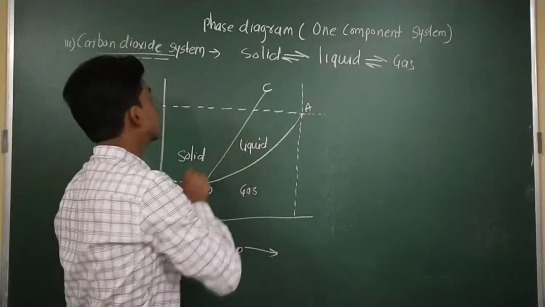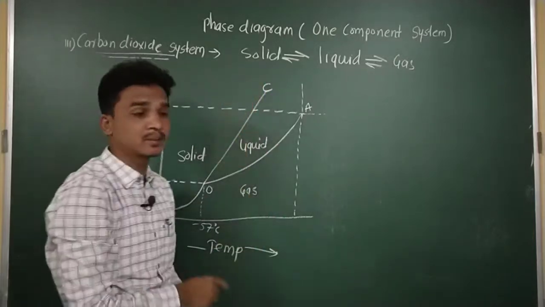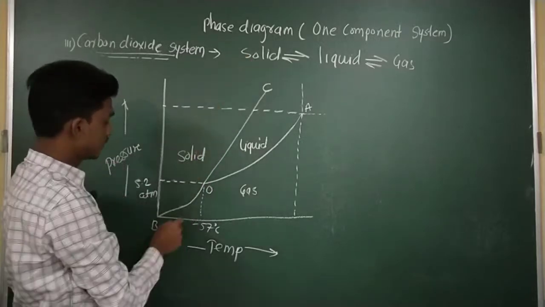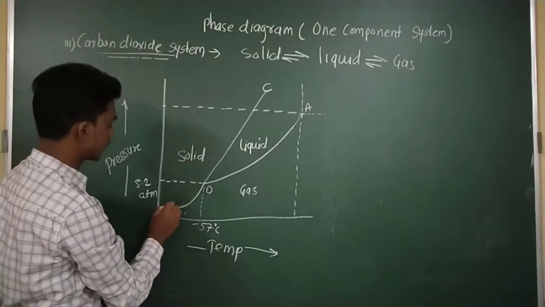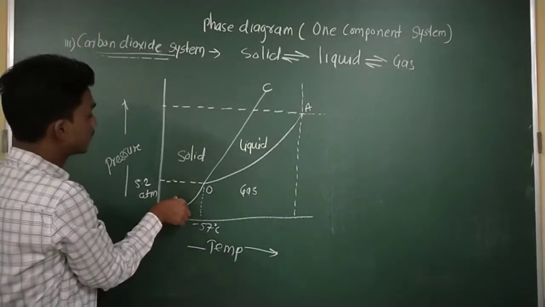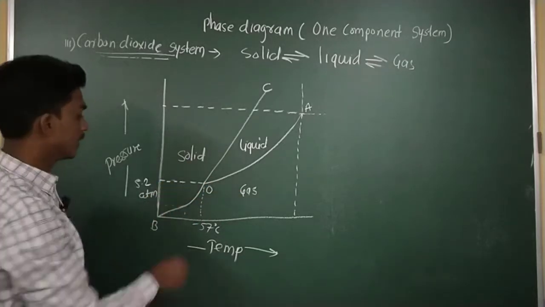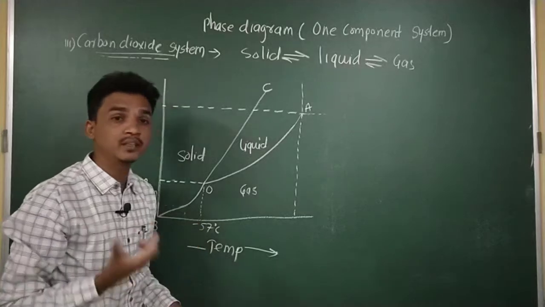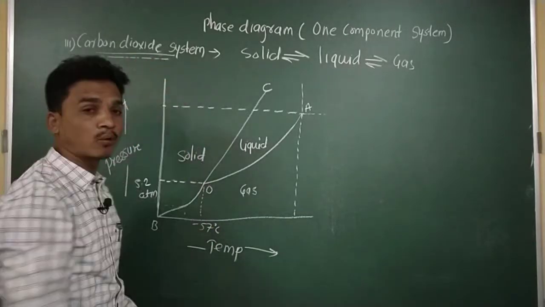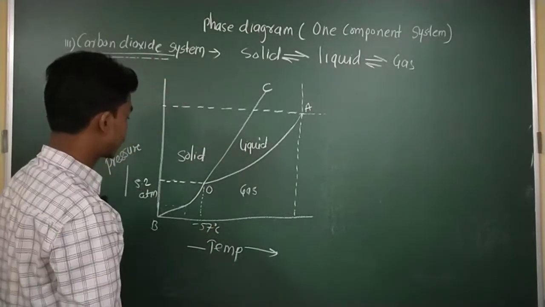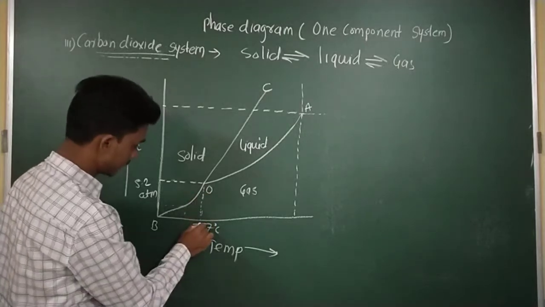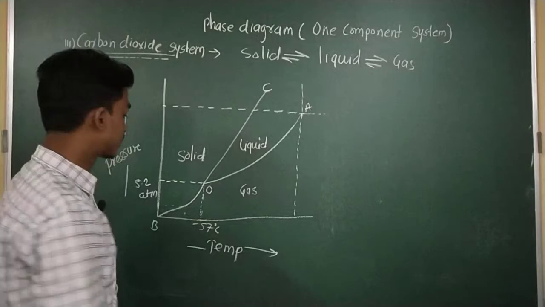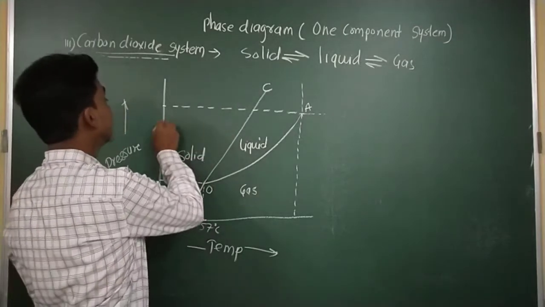So from this phase diagram we can say that at this point, where the temperature is here and the pressure is here, there is an equilibrium between the solid and gaseous states. Suppose I want only the solid state, only solid carbon dioxide molecules. What do I want to change? I want to keep the temperature constant and increase the pressure.